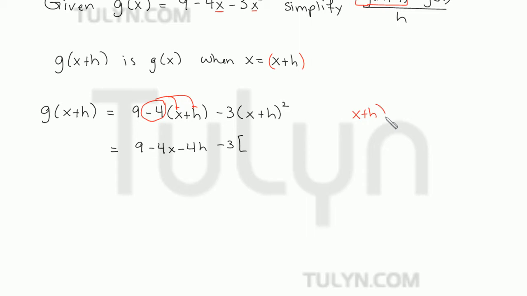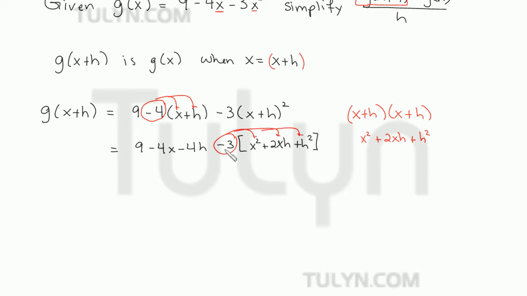So x plus h squared is x plus h times x plus h, and when we FOIL it out, we get x squared plus 2xh plus h squared. So let's replace that. Now the final thing I want to do before we move on is distribute this negative 3 into the whole product.